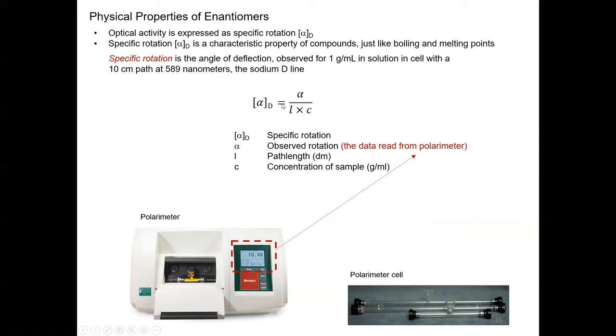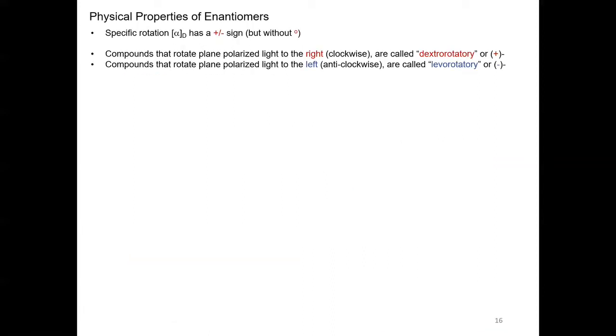Because the observed rotation equals the fixed number times the length and the concentration of your sample in the cell. So if the length or the concentration increases, the observed rotation read from the instrument will increase. Keep that in mind.